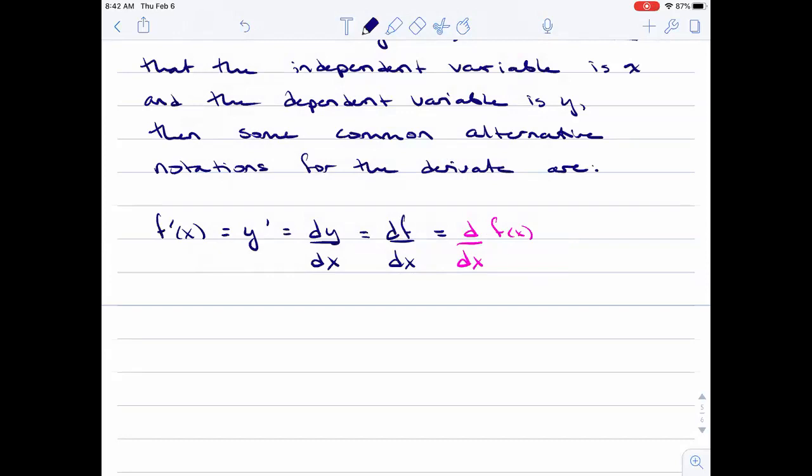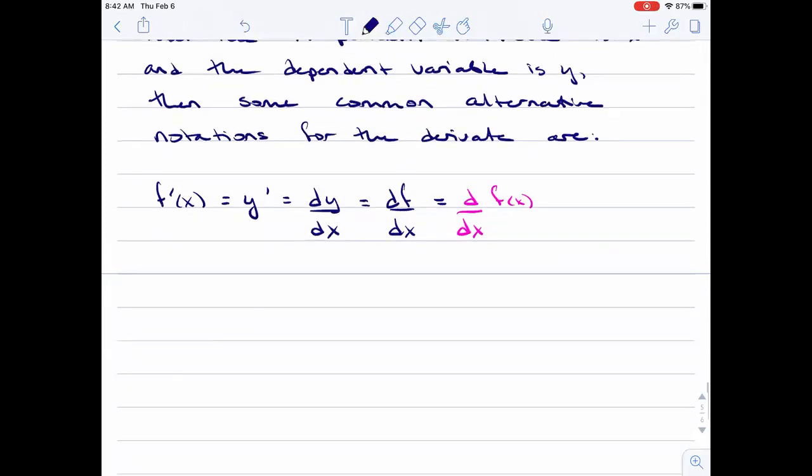All these are saying take the derivative with respect to x, right? But of f of x. And so most commonly we use that one. So that's why I highlighted it. But we could also use something like a capital D f of x, or, less common, d subscript x, to indicate what we're differentiating with respect to, of f of x.